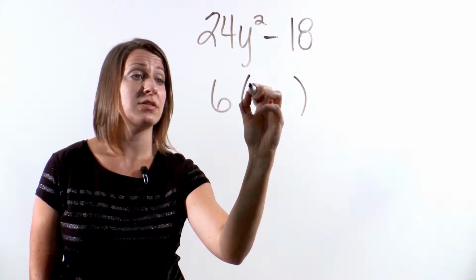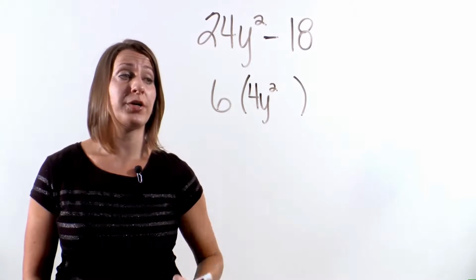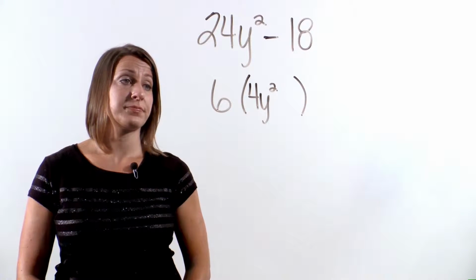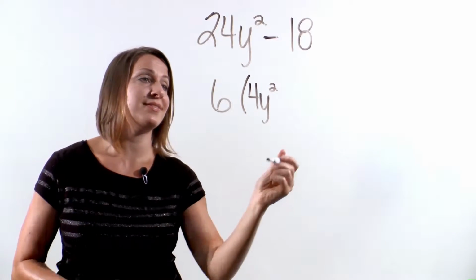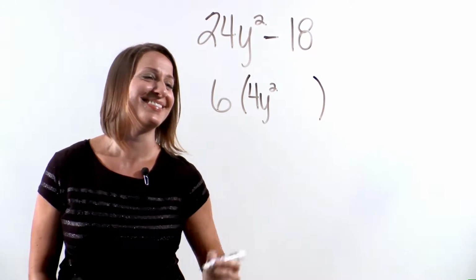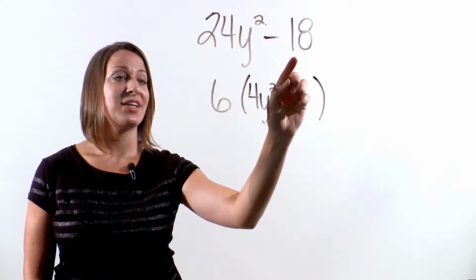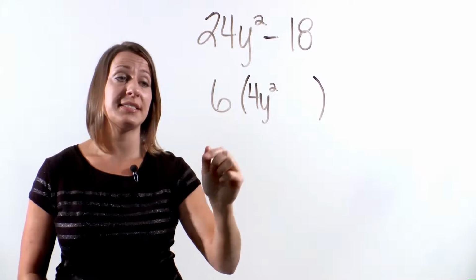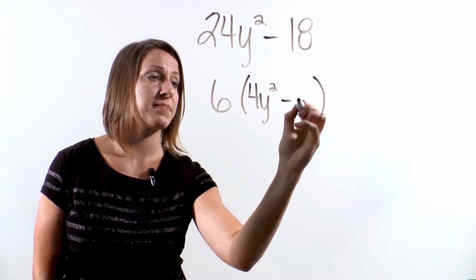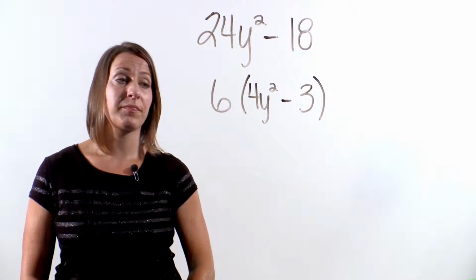That leaves us with 4y squared. Next, we're going to divide negative 18 divided by 6, which is a negative 3.